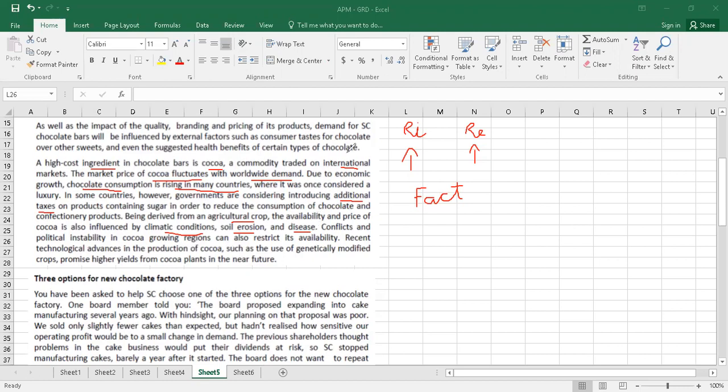Since it is a commodity traded on the international market, any political instability in any of the countries or regions where cocoa is produced will have an impact. So there is one more factor. Recent technological advances in production of cocoa, such as the use of genetically modified crops, promise higher yields from cocoa plants in the near future.